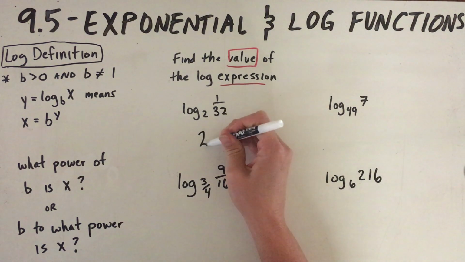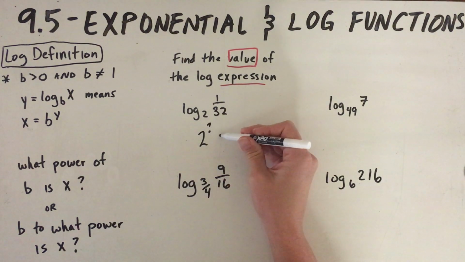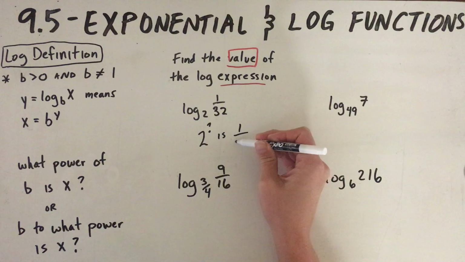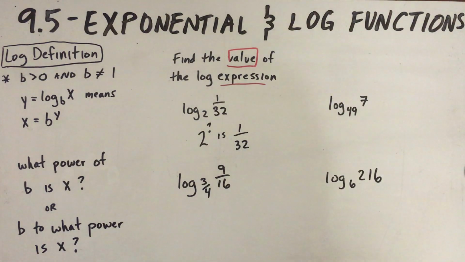So 2 to what power is 1 over 32? Well, for it to be downstairs, it would have to be a negative power, and we would be doing 2 times 2 is 4, times 2 is 8, times 2 is 16, times 2 is 32.